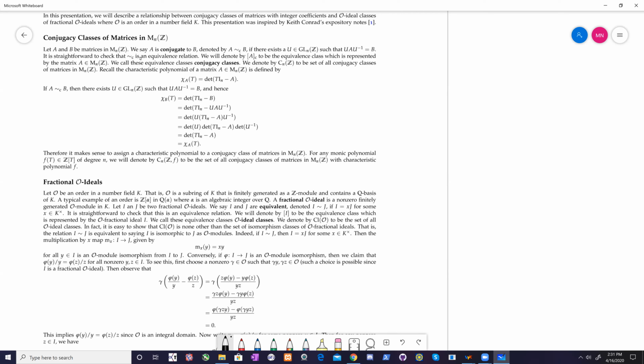We call these equivalence classes conjugacy classes. And we'll denote by C_n(Z) the set of all conjugacy classes of matrices in M_n(Z).